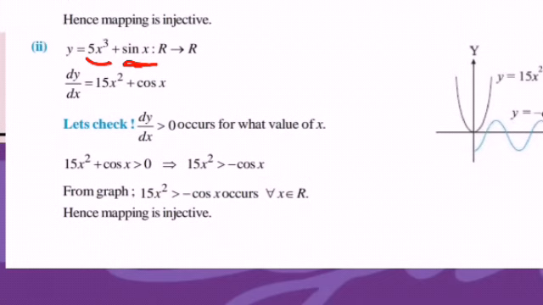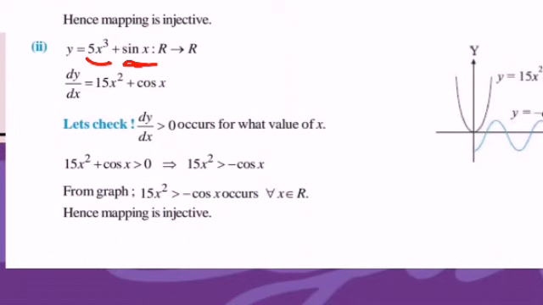Both are differentiable throughout their domain, which is all real numbers. So we can use this concept and simply differentiate. The differential of 5x cube is 15x square, and the differential of sin x is cos x.